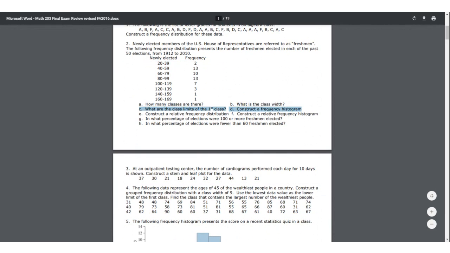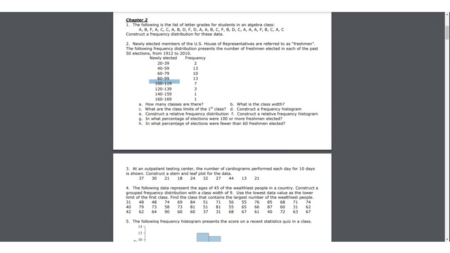How many classes are there on this thing? 1, 2, 3, 4, 5, 6, 7, 8 classes. There are 8 classes there. The class width is simply the difference between any two successive ones. So 40 from 60 gives you 20 as the class width. That's how many values are in each one of the cubby holes.